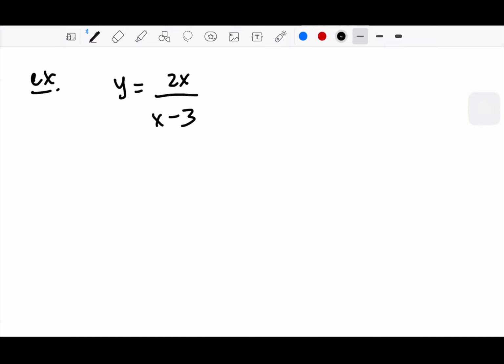If you look at the denominator, when x equals 3, it's undefined, right? So of course, if you look at this kind of function or curve, at x equals 3 this will be undefined, right?